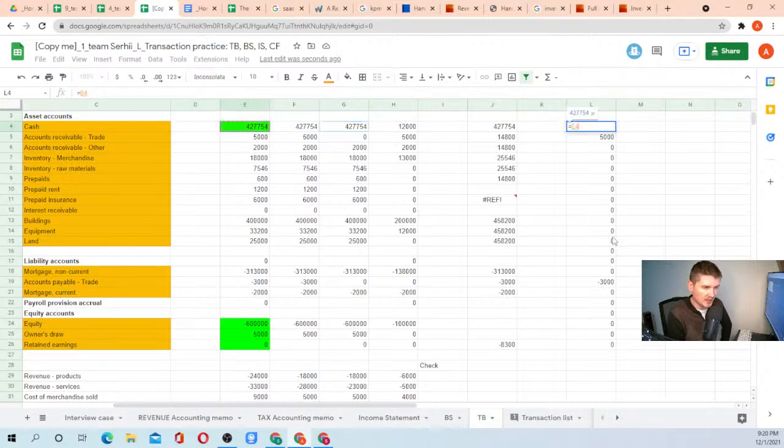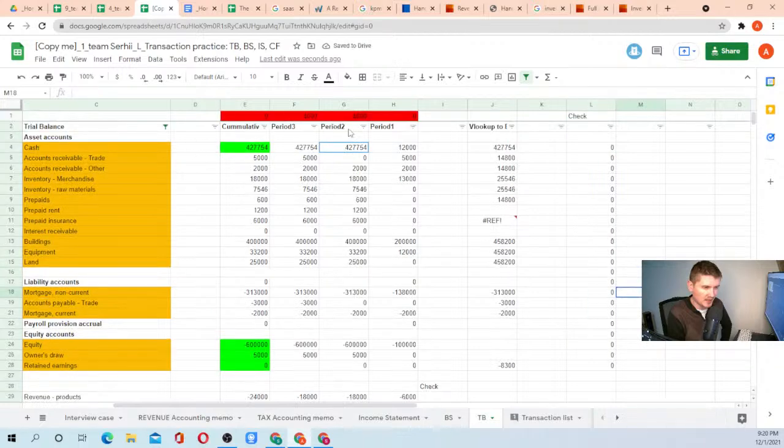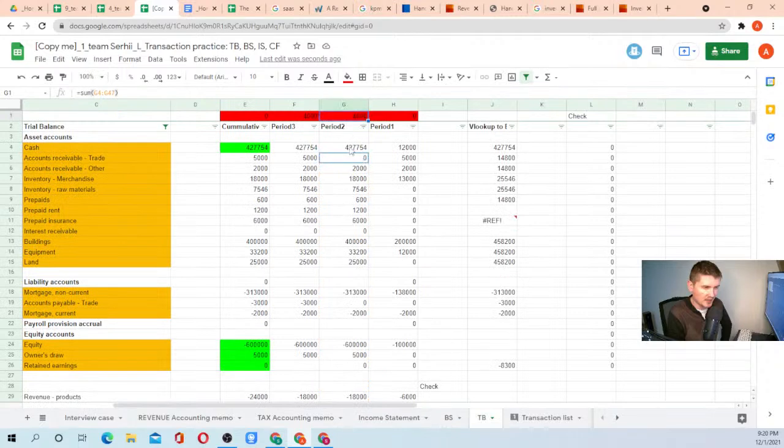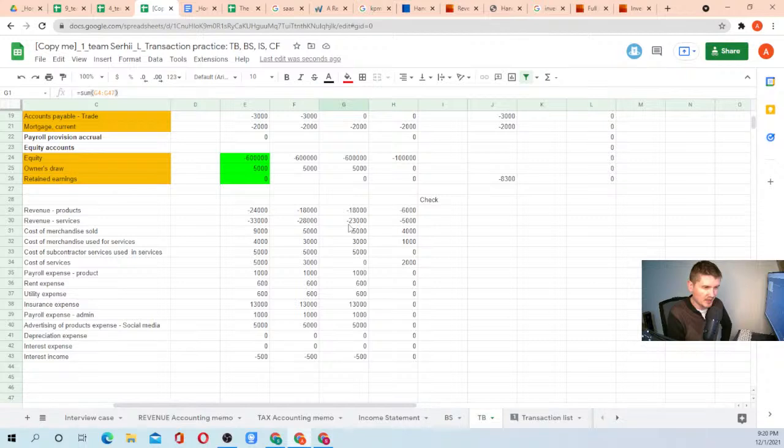We should run it on period 3 now, because our cumulative should equal period 3. Okay, no, it doesn't show any errors or omissions. Still, the balance sheet doesn't balance, and something is obviously wrong in period 2. So what can that be?